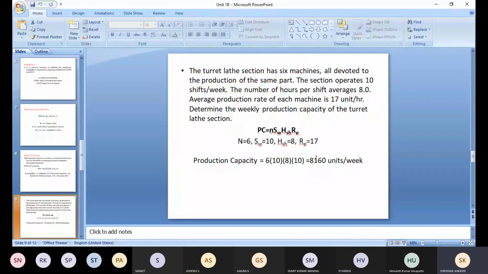Here the varieties of production will be very limited. The quantity of product will be maximum, and throughout the service of its life, the industry will not be changing its automation, so it is called fixed automation.